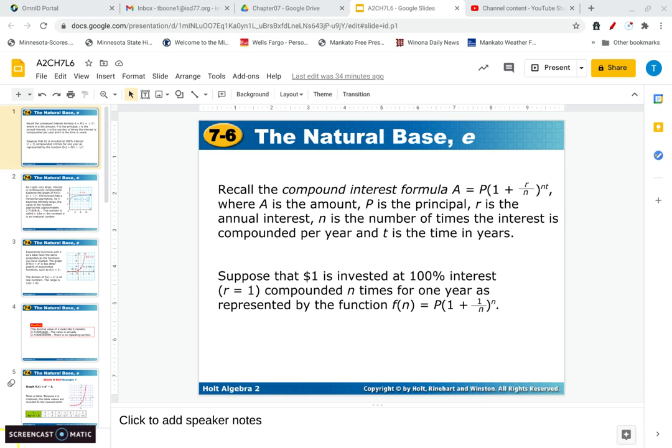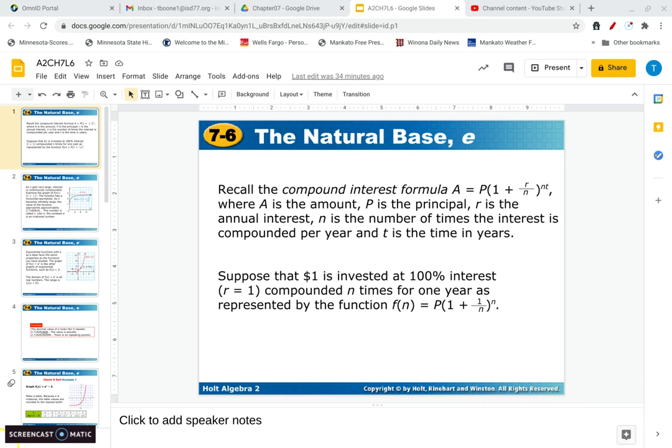Well, you'd want to compound at 1% per month, because the more times you're able to compound that interest, the more chances you have of growing your money. Not only is the principal amount earning interest, you're getting interest on the interest. So the more times you can do that, the better.